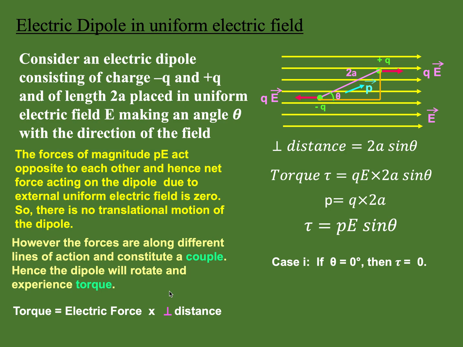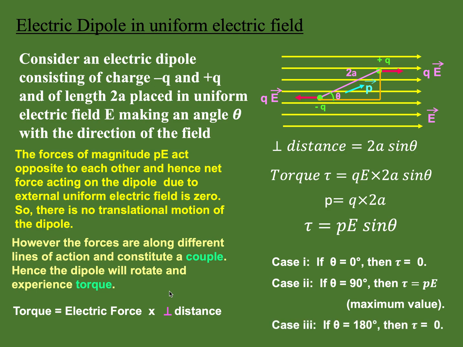Then sine 0 is 0, and the total torque becomes 0. Case 2: when the dipole is placed perpendicular to the uniform electric field, theta becomes 90 degrees. Sine 90 is 1, and tau is equal to pE. It is the maximum value. Case 3: if theta is equal to 180 degrees, then sine 180 is 0, and tau is equal to 0. So I hope all the students understand these concepts.